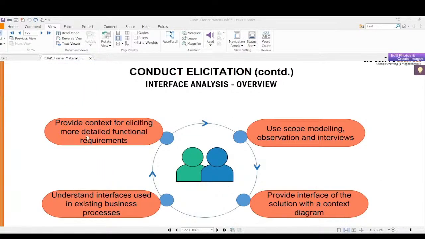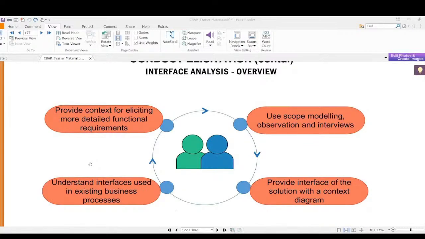So what does it do? It provides context for eliciting more detailed functional requirements. So it helps in elicitation because you would also be able to ask questions about those aspects of functional requirements which these stakeholders might not be aware of themselves. You would be able to do some scope modeling, observation, and interviews because you have a lot of groundwork when you have interface information with you.